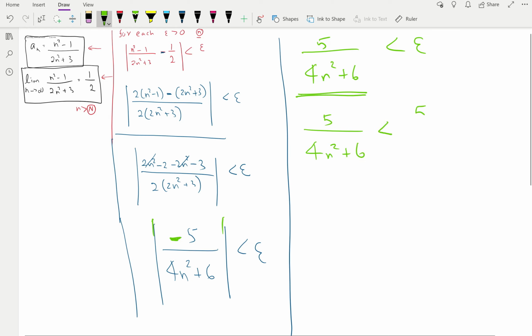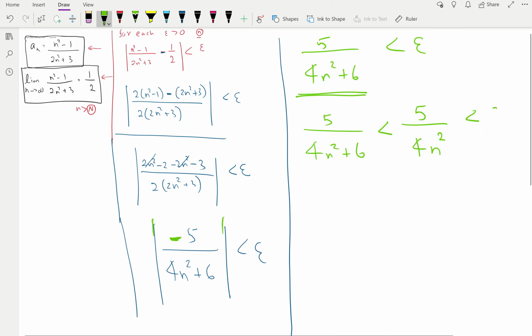Well, we can keep the numerator, it's just 5. Let's get rid of the 6. If you have just 4n square, definitely 4n square is smaller than 4n square plus 6. So when you take the reciprocal, 1 over 4n square will be bigger than 1 over 4n square plus 6. Even though we have 5 in the numerator, the same relationship holds.